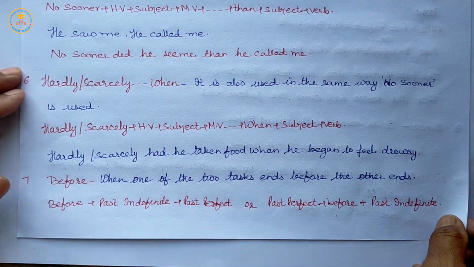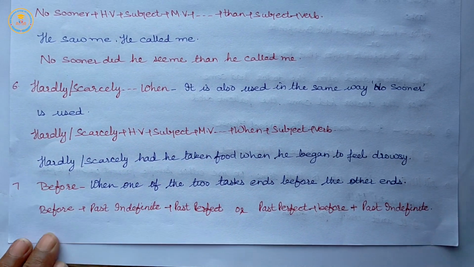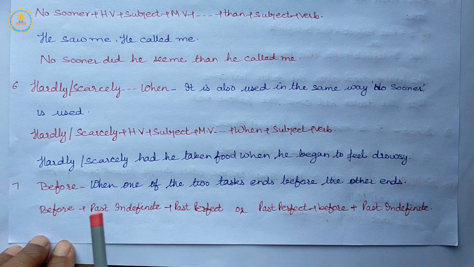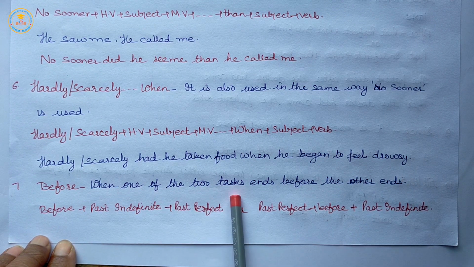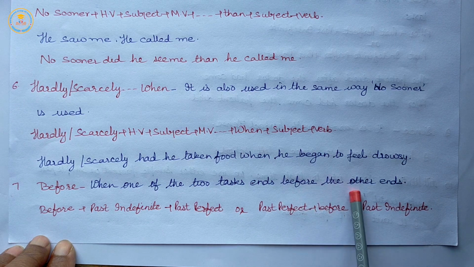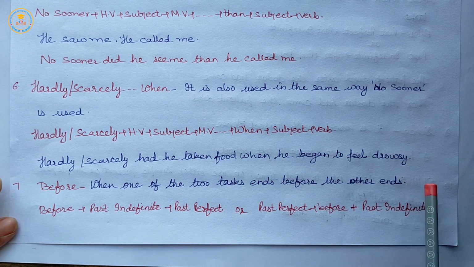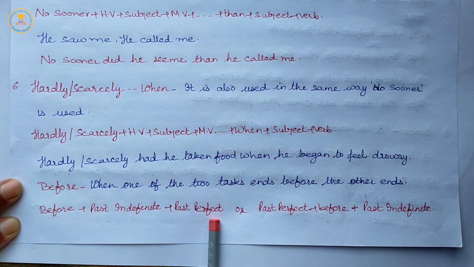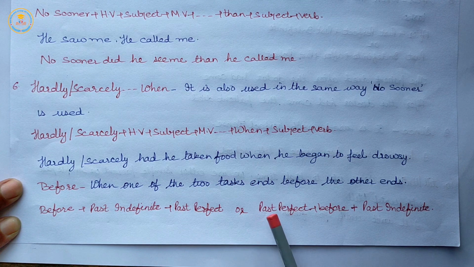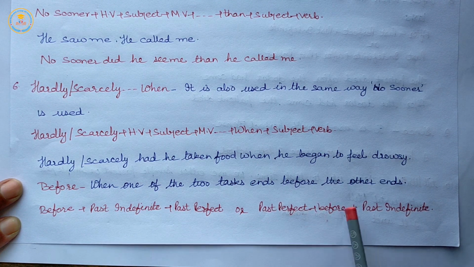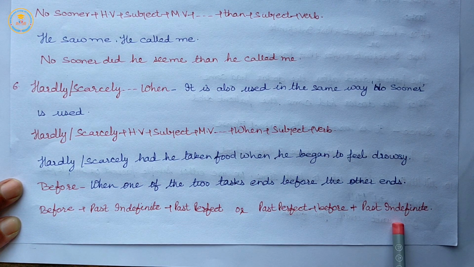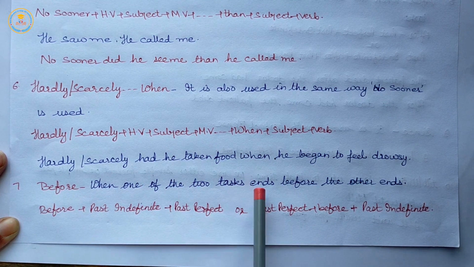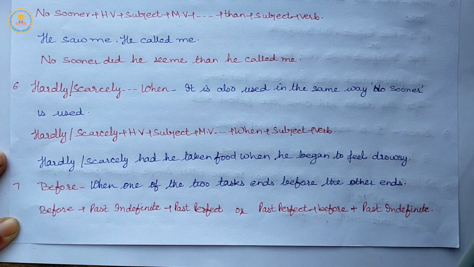Next is before. Use of before. When one of the two tasks ends before the other ends. Its pattern: before plus past indefinite plus past perfect, or past perfect plus before plus past indefinite. Listen, before is used when one of the two tasks ends before the other ends.